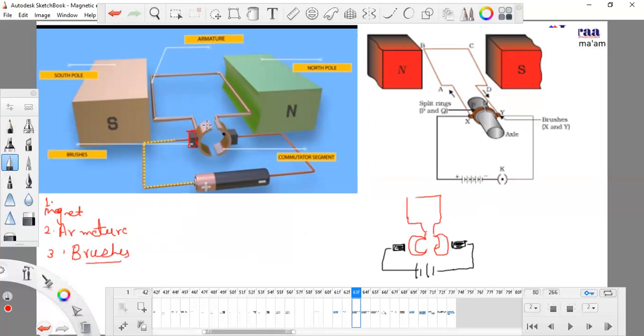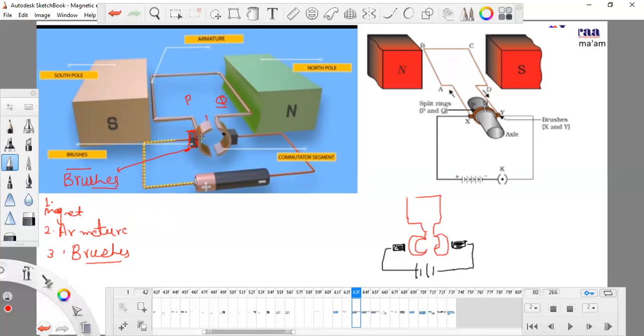So these are split ring 1 and split ring 2, or you can name them P and Q as our book says. This is the P split ring and this is the Q split ring. And they are made up of carbon. This black part is known as carbon brushes. They are brushes, not brush, brushes.